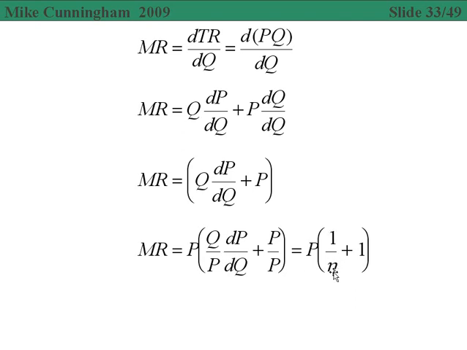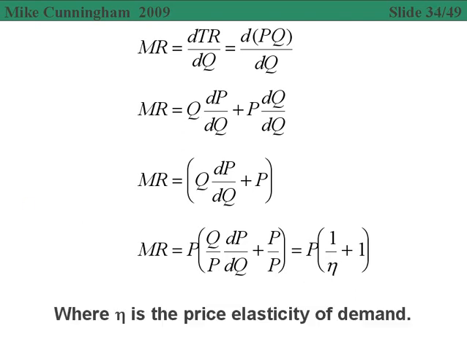So there's the reciprocal. So eta, this one here, eta, is just equal to this expression here. It's the elasticity expression. So eta is the elasticity of demand. So now marginal revenue is equal to the price into 1 over the elasticity plus 1.